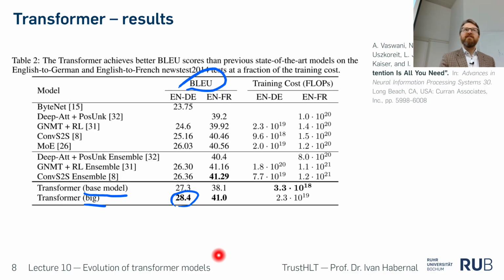It's not like accuracy going from 56 to 57. Yeah, who cares? But BLEU scores going up by 1 or 2 is considered a big leap in machine translation.